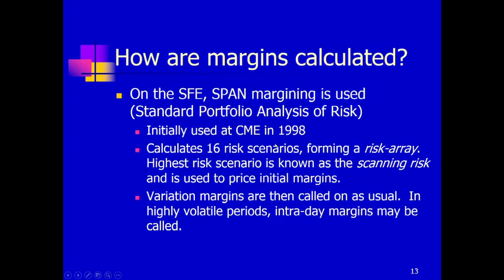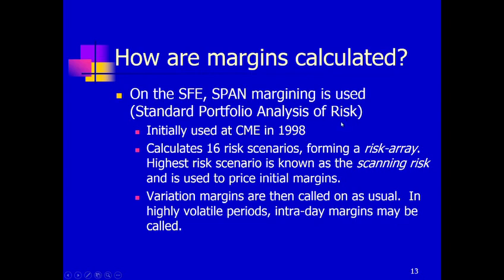Now, the question you might ask is, what is going to be the initial margin? I don't think Gary covers this in much detail, so I'm not going to make a big deal about it. The way in which an initial margin is set is through something referred to as SPAN margining. SPAN is short for Standard Portfolio Analysis of Risk.